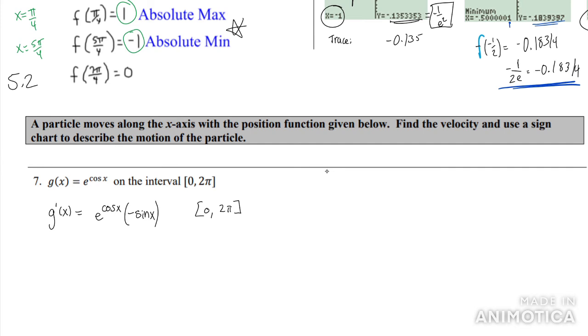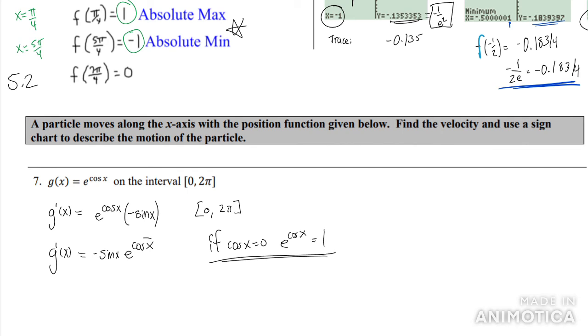So for this question, let me just rearrange it. g prime of x equals negative sine x e to the cosine x. Now, important thing, we're looking for critical points here, so we're looking for where the slope is 0 or undefined. Keep in mind, e to the cos x is never equal to 0.